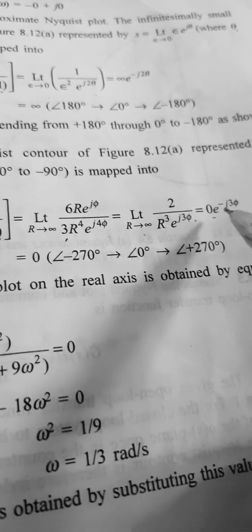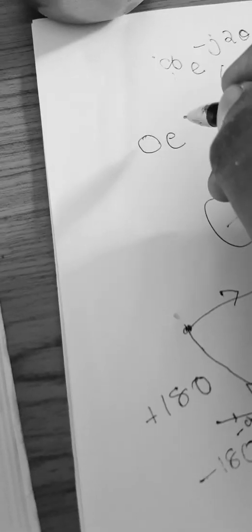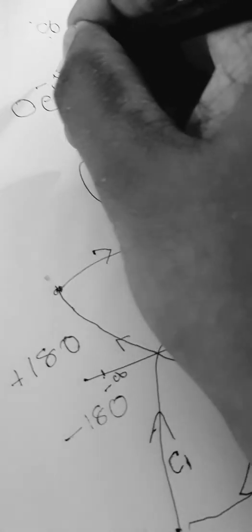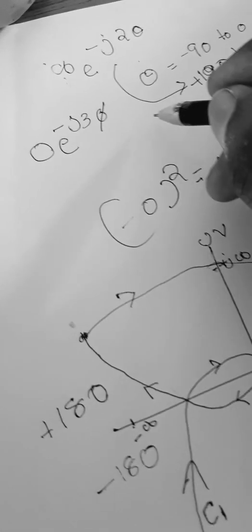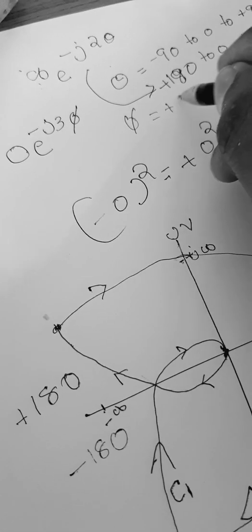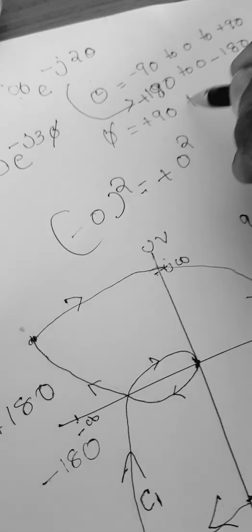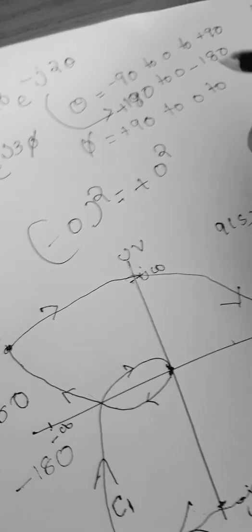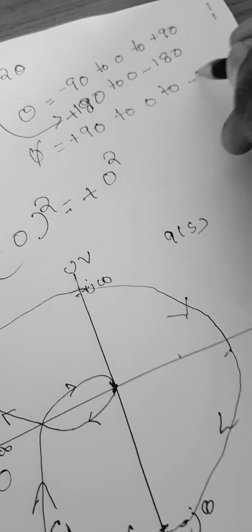So you are getting 0 into e to the power of minus j 3 theta, and theta varies from plus 90 to 0 to minus 90.